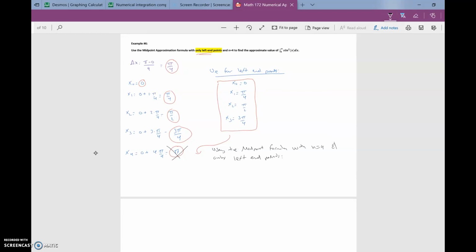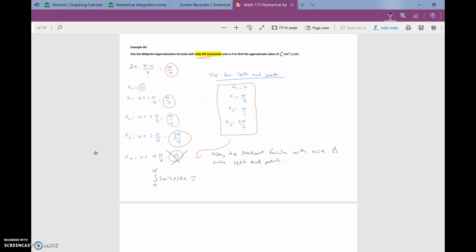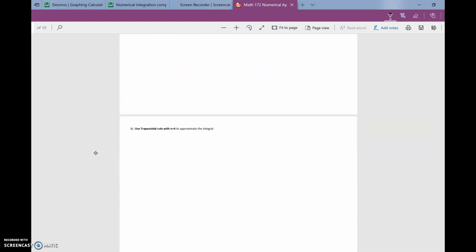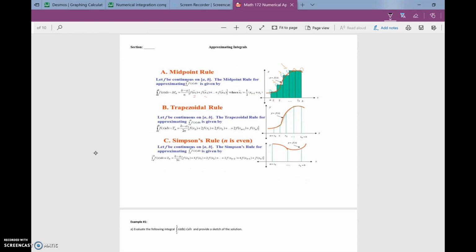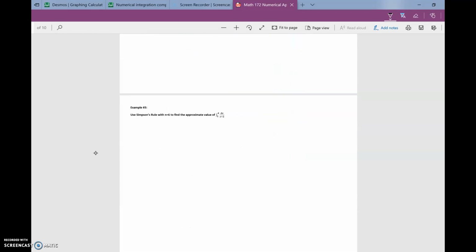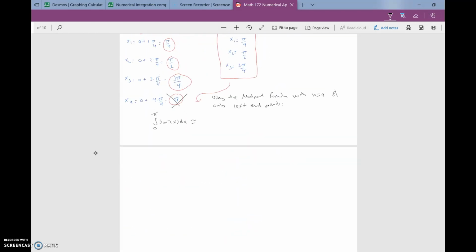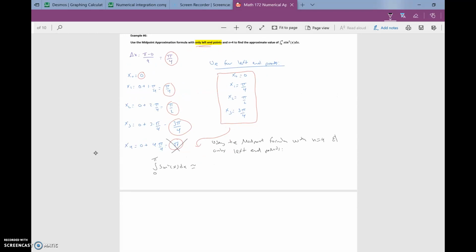So we can actually approximate the integral from 0 to pi of sine squared of x dx, which is approximately, now the formula just uses on the regular midpoint b minus a over n, and there's no constants multiplying these. So for us, that's just going to be delta x.